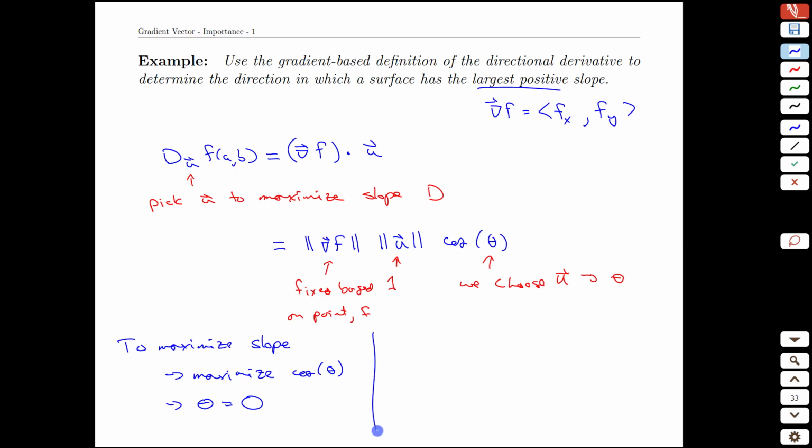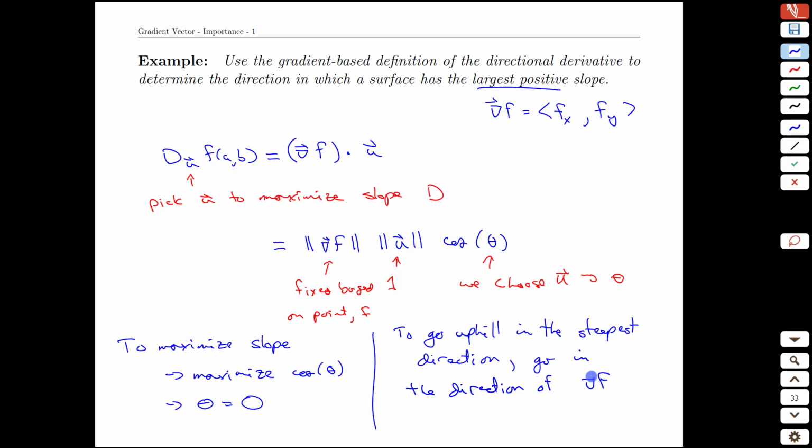And that leads to a wonderful conclusion. To go uphill the quickest, or uphill in the steepest direction, and that is how we can interpret the largest positive slope on the surface, what we do is we go in the direction of the gradient.